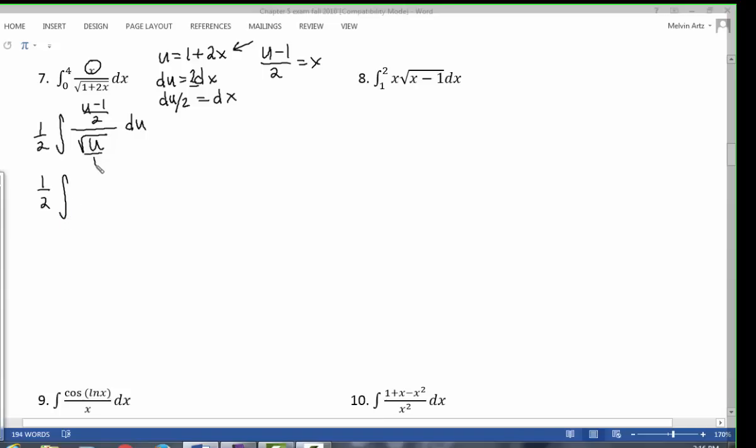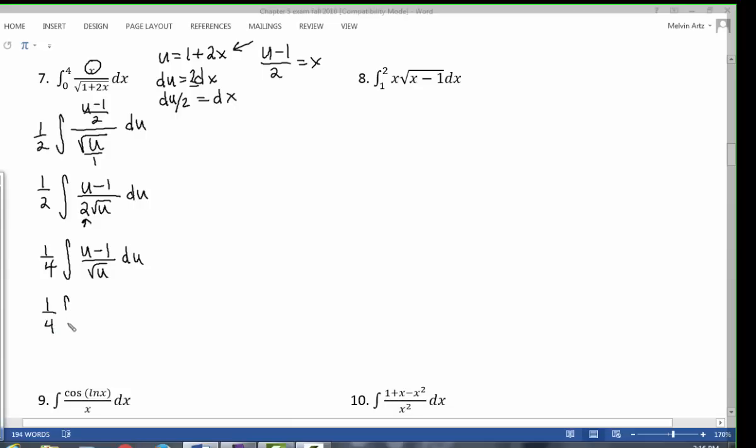If we invert and multiply, we would get u minus 1, and then we'd have 2 times the square root of u du. And so I can bring this 2 out front also, with this 1/2. So we would have u minus 1 divided by the square root of u du.